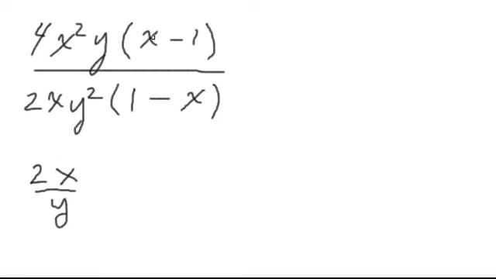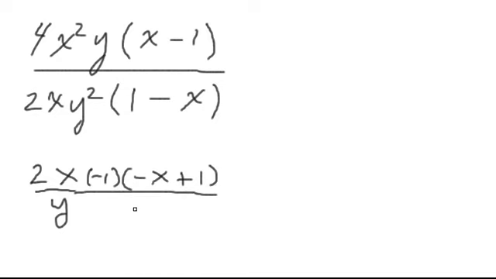Now, here's the trick on this one. I'm going to factor a -1 out of this top piece right here. And so I'll just put it right here. If I factor a negative out, that becomes -x, and then that will become a +1. Crazy, isn't it?